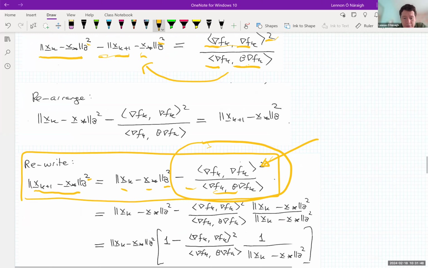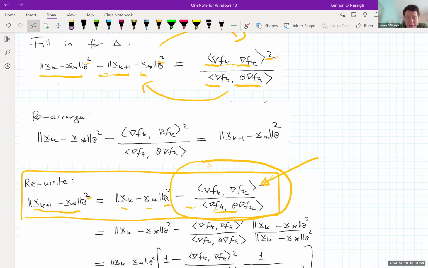And the first step in this final calculation is to take the correction and to multiply it by 1. So in other words, to do nothing. And 1 is the same thing as xk minus x star in the B norm squared upstairs, divided by the same thing downstairs.